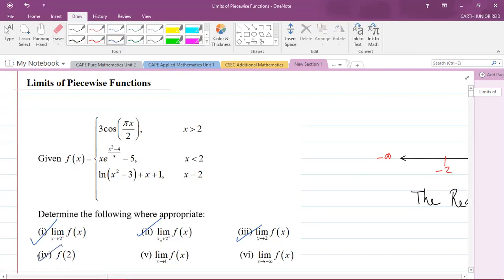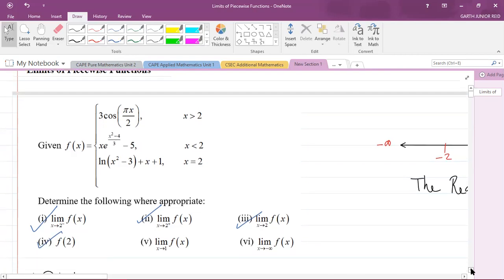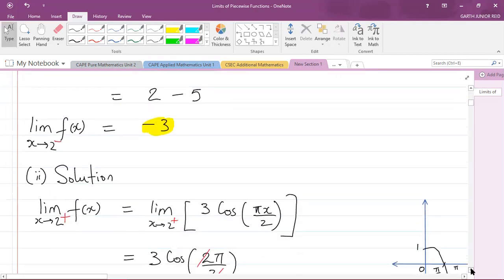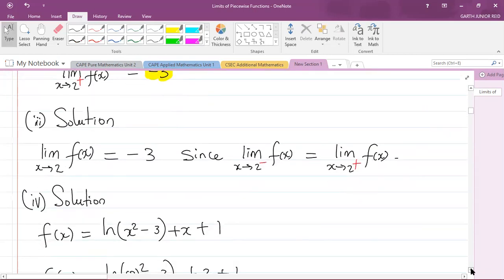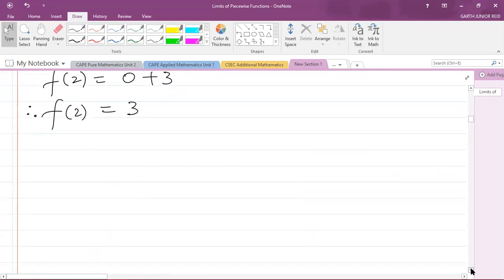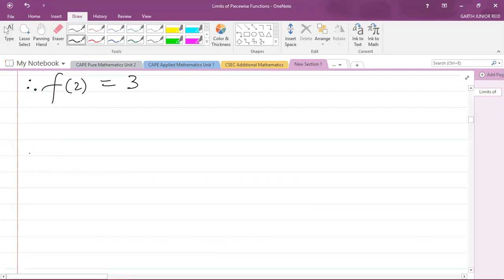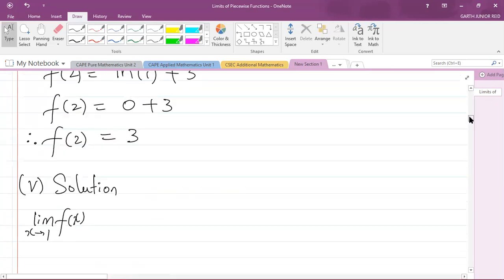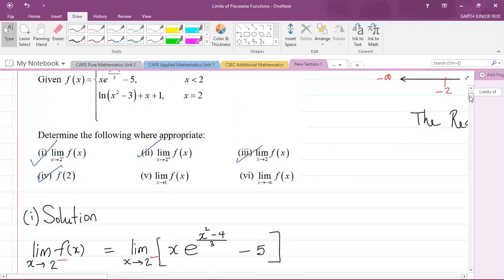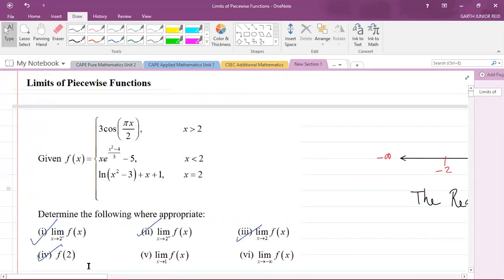Now we're looking at part 5, which says the limit of f of x as x approaches 1. So this is part 5, solution. We want the limit of f of x as x approaches 1. Now, let us look at our real number line.